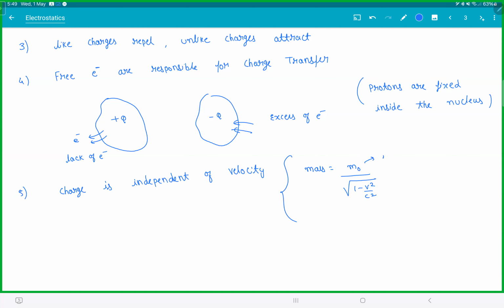This is the relativistic mass. m naught is your rest mass, the mass when velocity is 0. c is the speed of light. Why this happens is a different story, we'll not get into this. But yes, mass does get affected. That's why studying a vehicle going on a road and studying an electron going is completely a different thing.